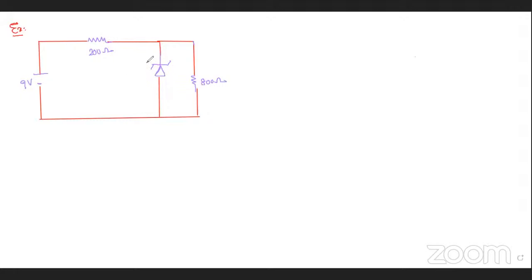All the values are given in the circuit only, Nana. The Zener voltage he mentioned separately here: Vz equals 5.6 volts. Then the question is, what is the current through the Zener diode, Iz equals how much? You only have to say the answer. What will be the answer for this question?